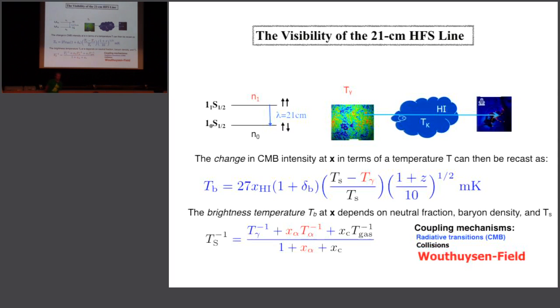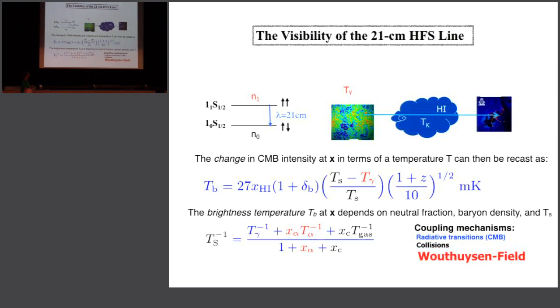So what this equation actually tells us is that there is a connection with the CMB temperature, and the reason for that is that the radiation of the CMB can excite these transitions. This is what, in principle, makes the hydrogen visible in the first place.